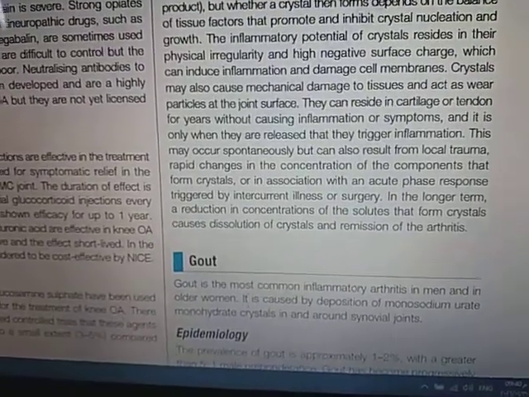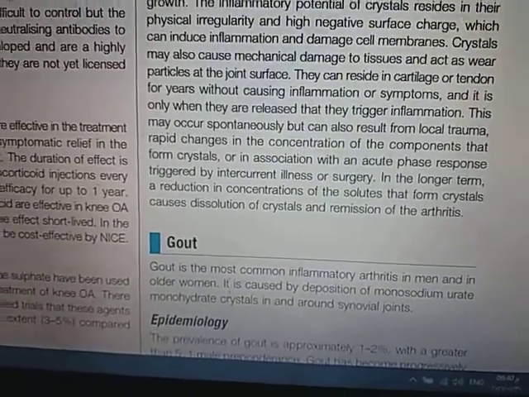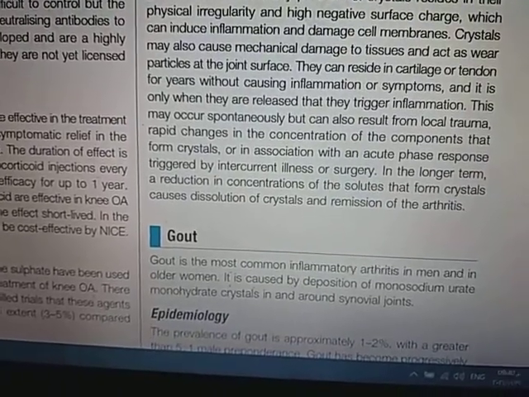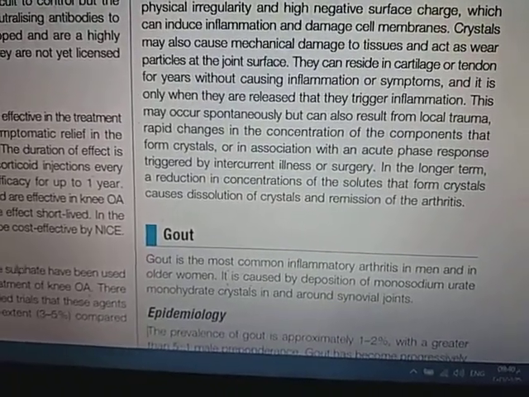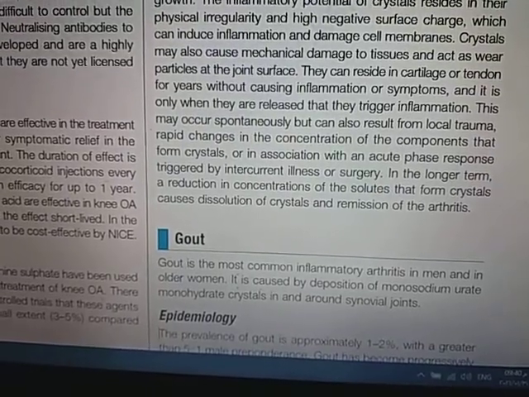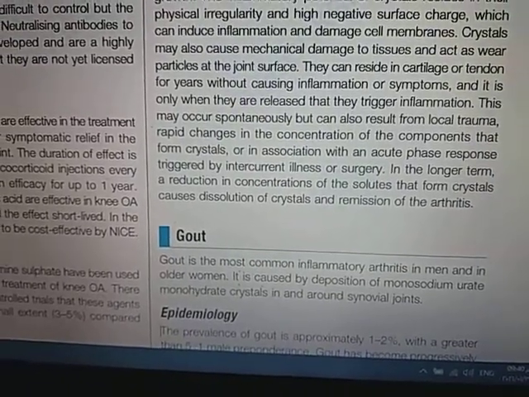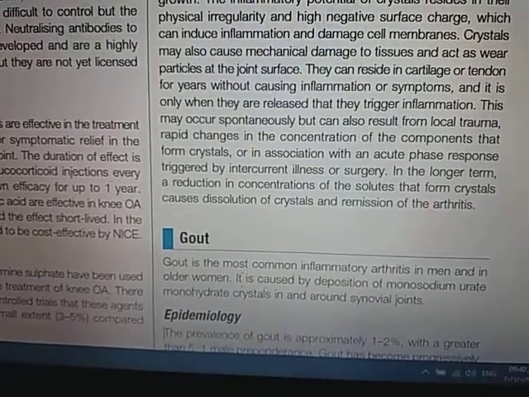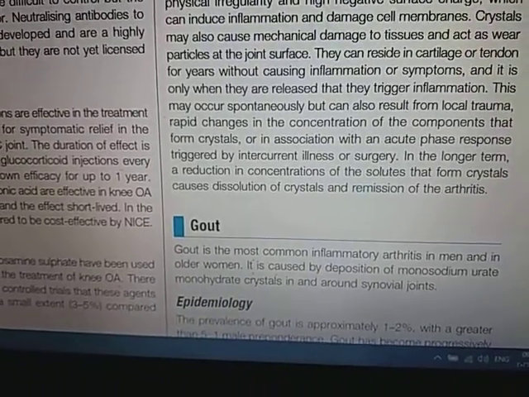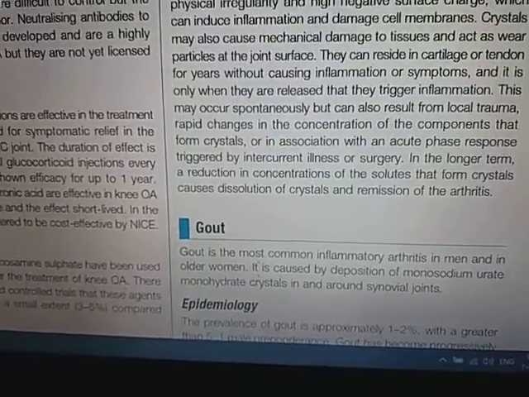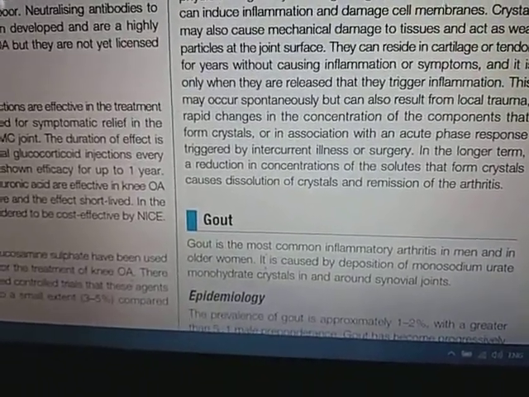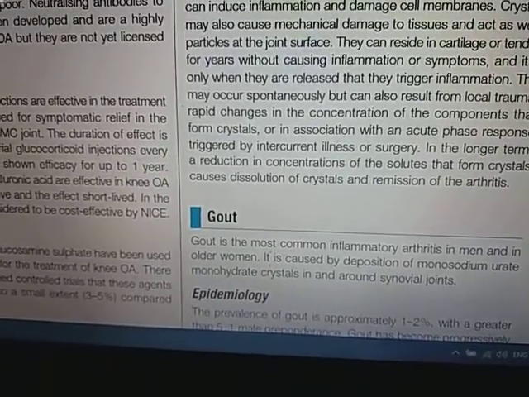Otherwise, one may induce infection, leading to iatrogenic septic arthritis. This intra-articular steroid injection might be used in the first CMC joint, carpometacarpal joint, at the base of the thumb, or in the knee joint.